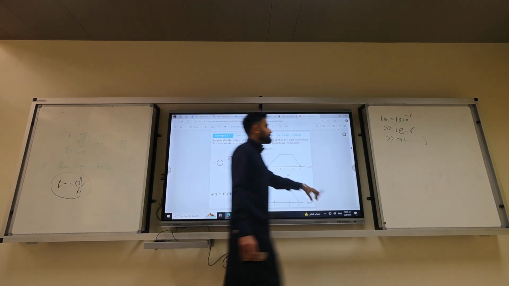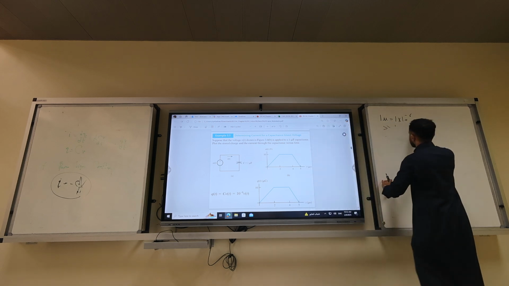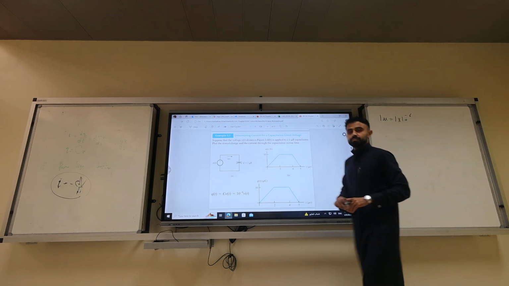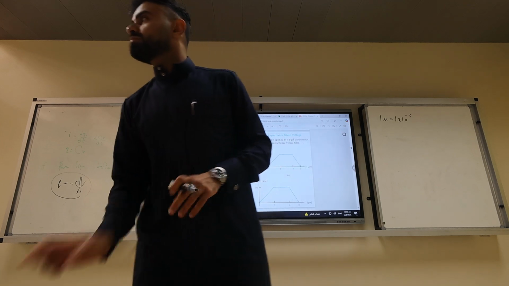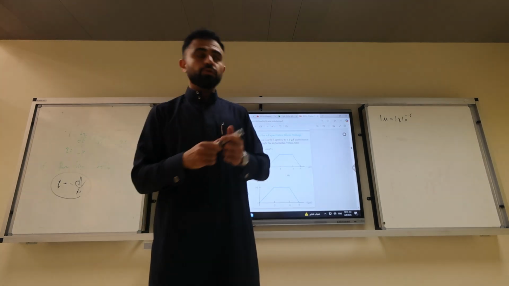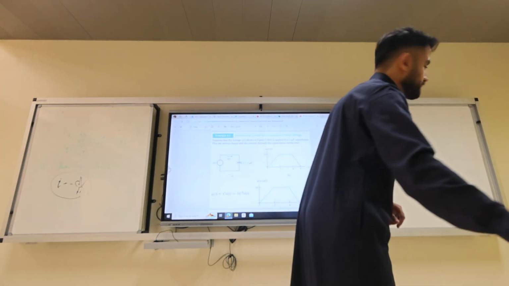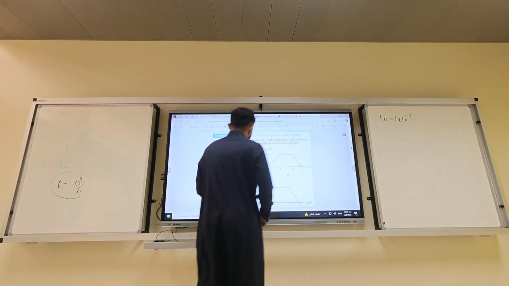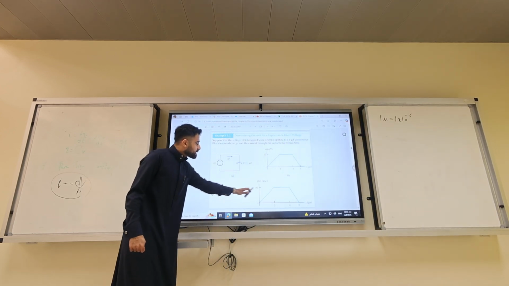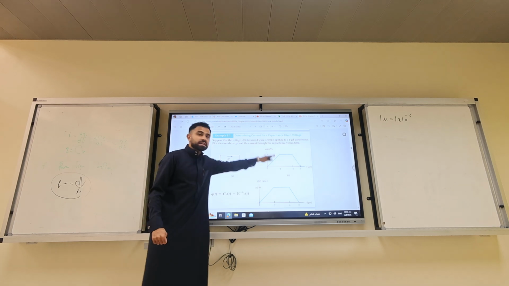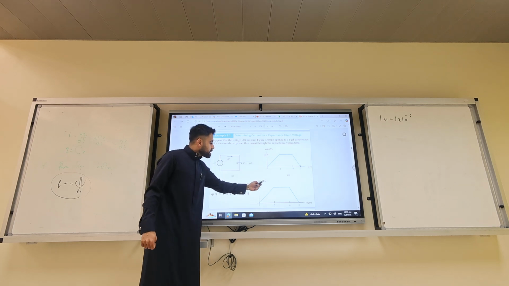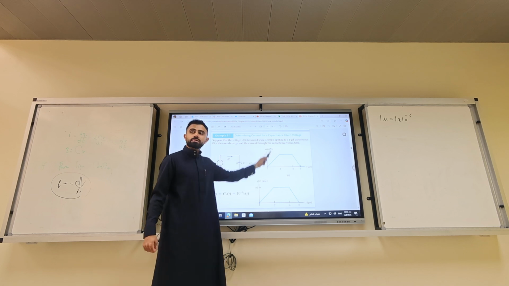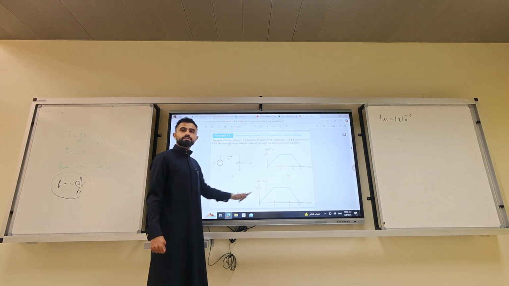Do you know how to plot this in MATLAB? If we have time, we'll try to do some MATLAB. So you just multiply by 10 to the minus 6, so you keep the same curve, but you change the unit to micro, so 10 micro instead of 10 volt. Clear?